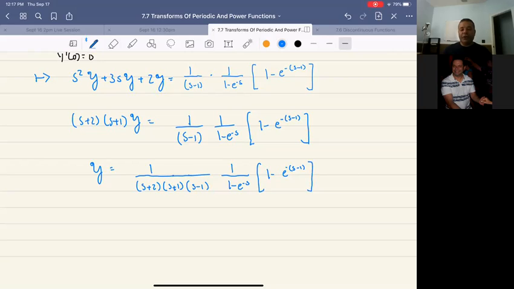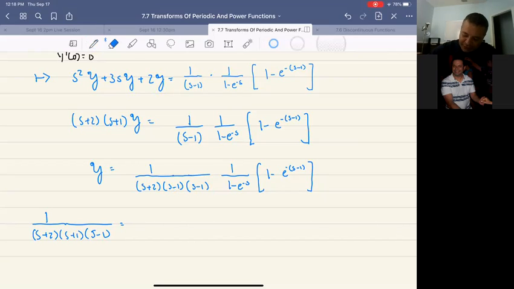I'm going to do a little bit of a partial fraction decomposition here. I'm not going to do it on video, I did it off video. You've seen me do it enough times, I don't think you need to see me do it again.